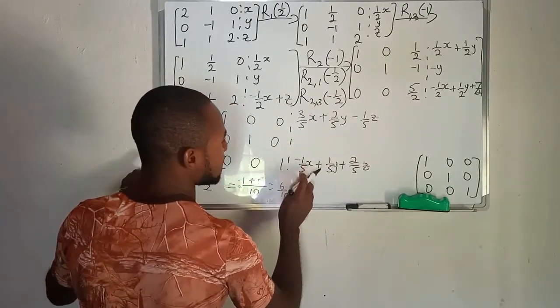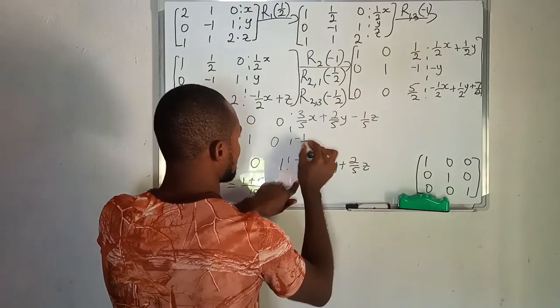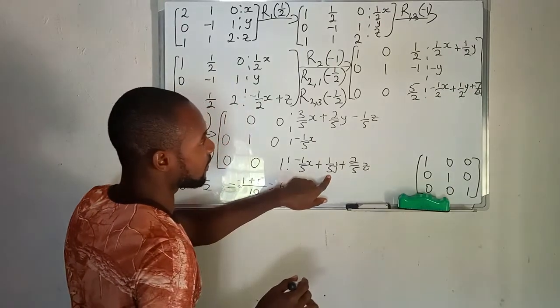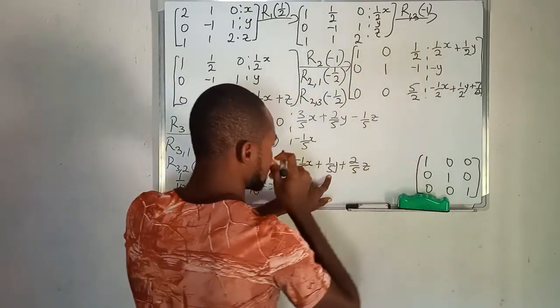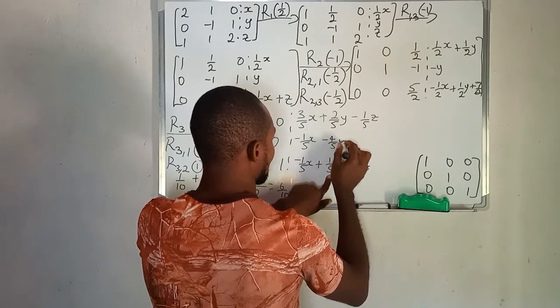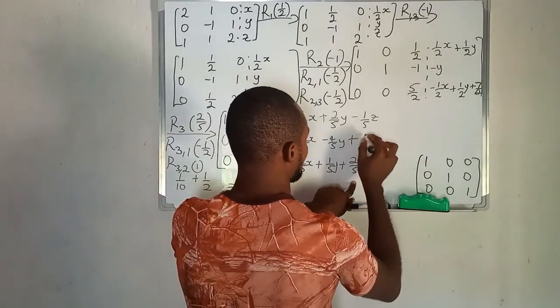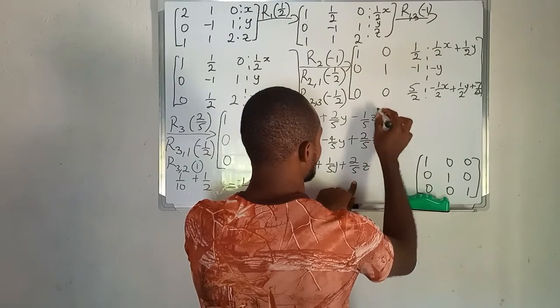And then multiply this by 1 and add it to what we have here, we'll have minus 1 over 5x. And then here we'll have 1 over 5 minus 1y, and that should give us minus 4 over 5y. And then we have 2 over 5 here, so we have plus 2 over 5z.